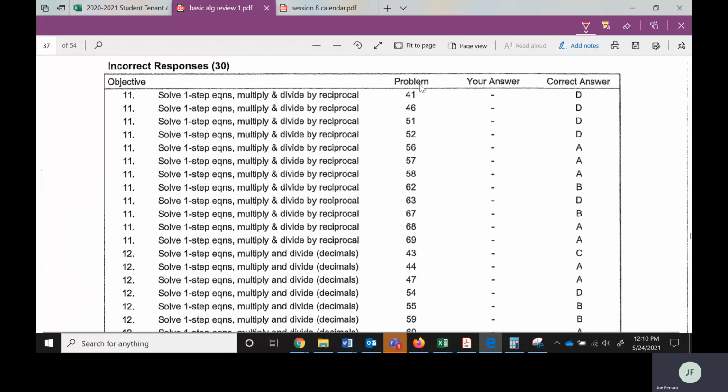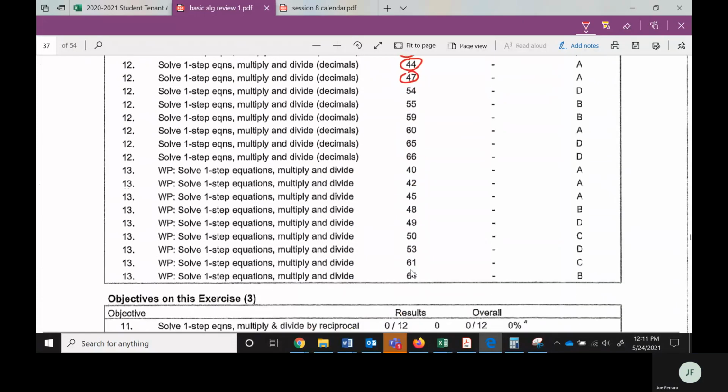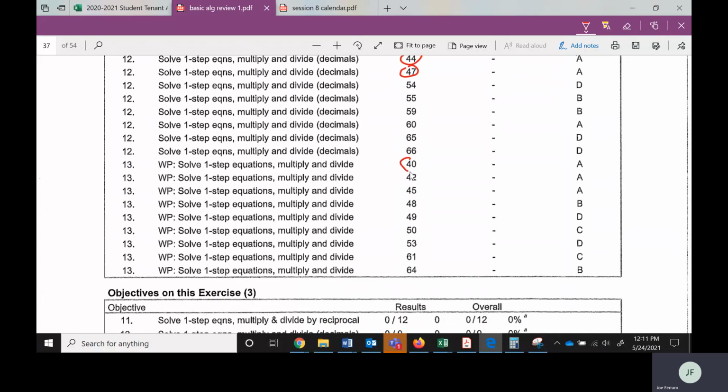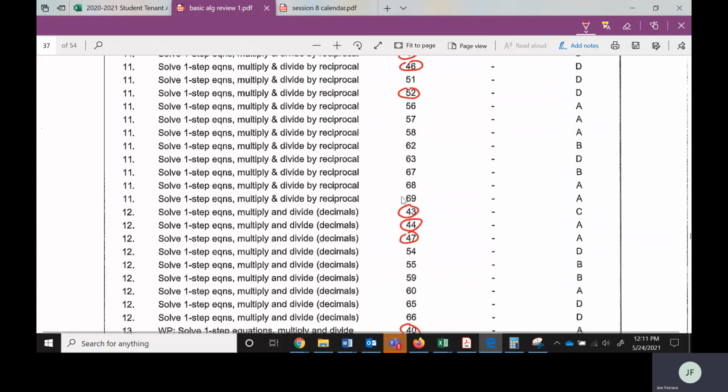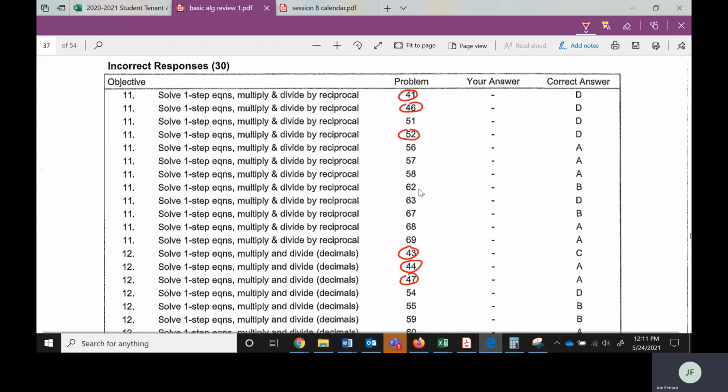So we did 41, 46, 52, 43, 44, 47. We did 40, 45, 48, and 53.